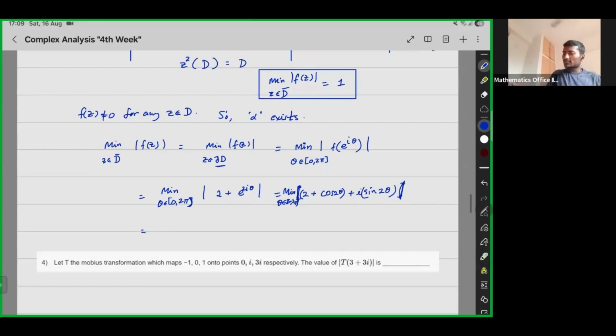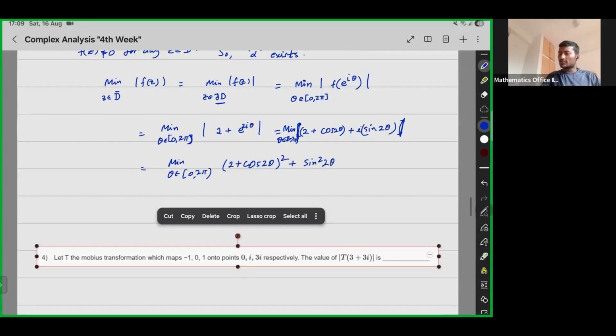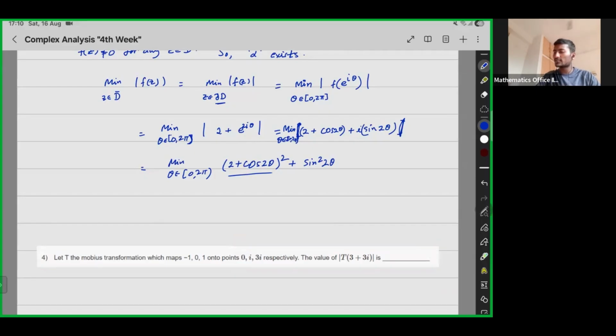When you take the modulus of some x plus iy, it becomes x square plus y square. So the minimum over theta belonging to 0 to 2 pi of (2 plus cos 2 theta) whole square plus sine square 2 theta. Because everything is real and positive, the first quantity is a square and the second quantity is also a square, so I'm not writing modulus anymore.